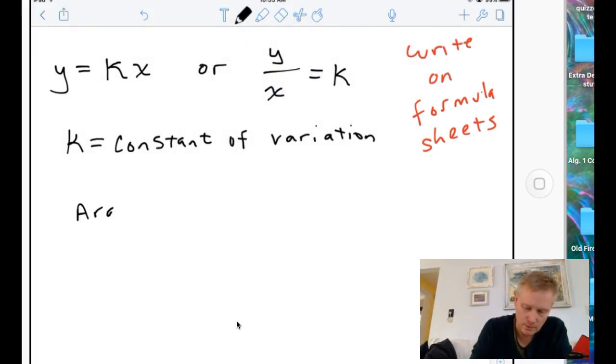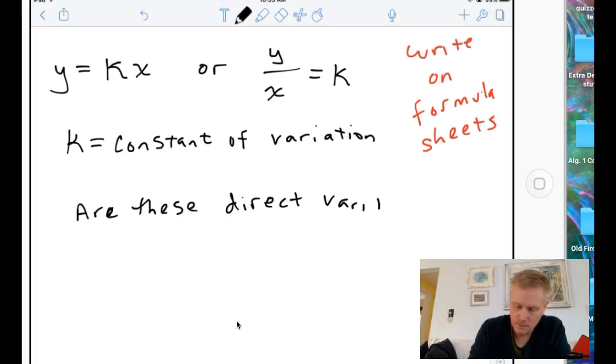Are these direct variation or not? So I'm going to list some equations. Number one is y equals 3x.